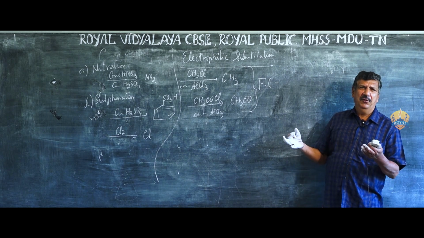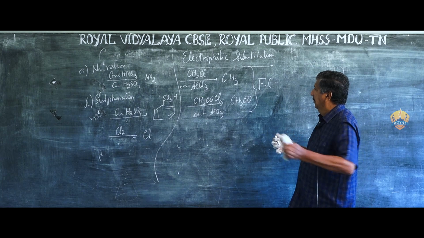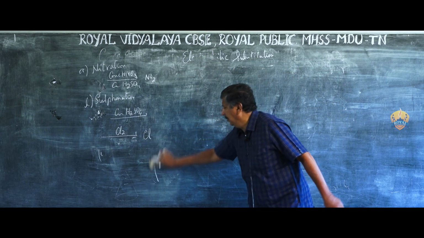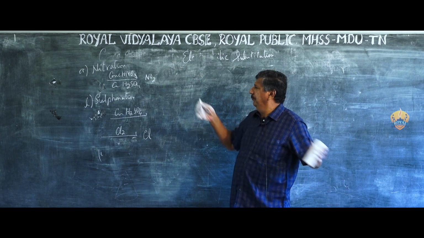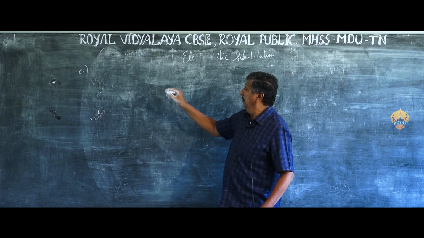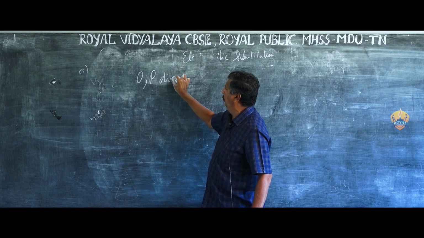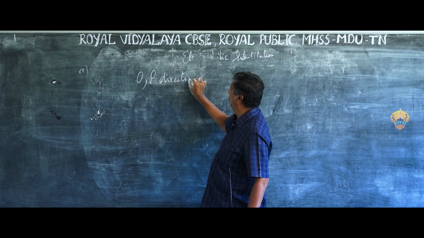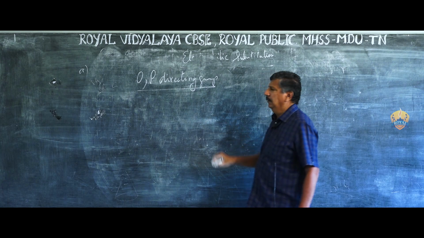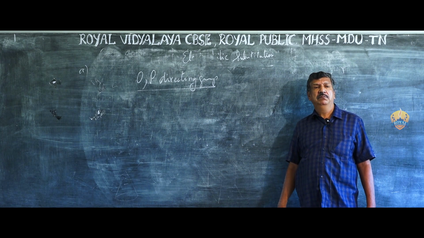I am going to do one more very important thing here. What is the important thing? Which groups are called ortho-para directing groups?